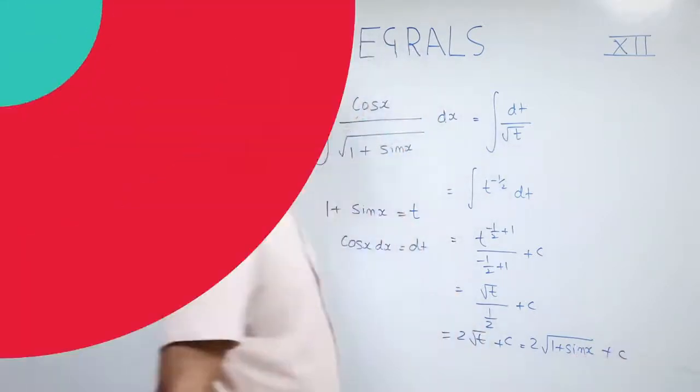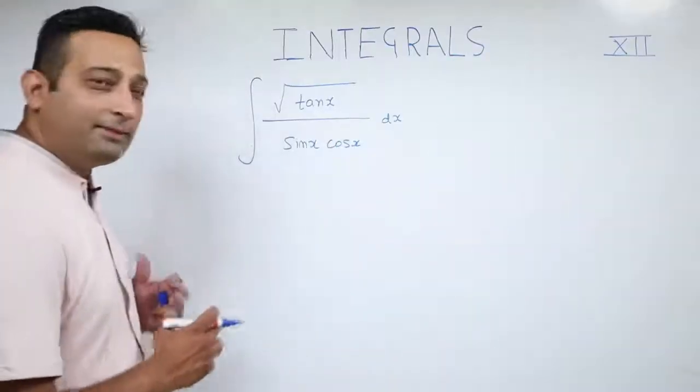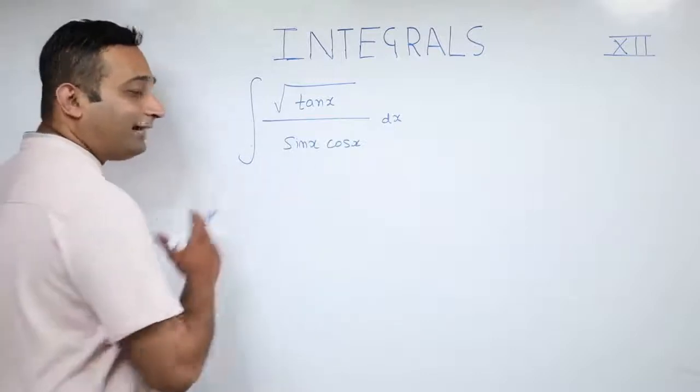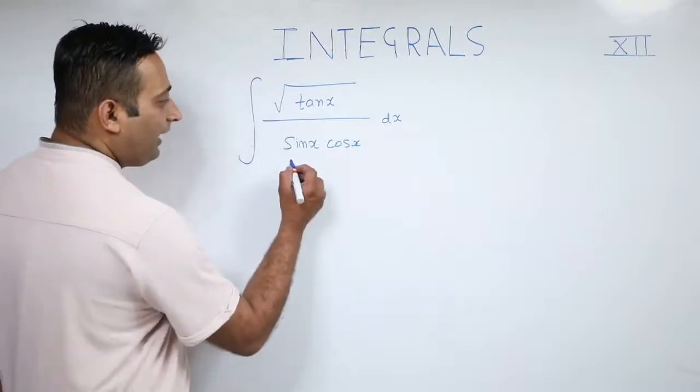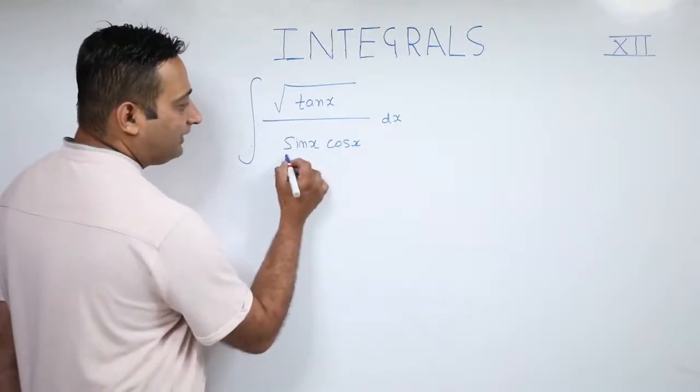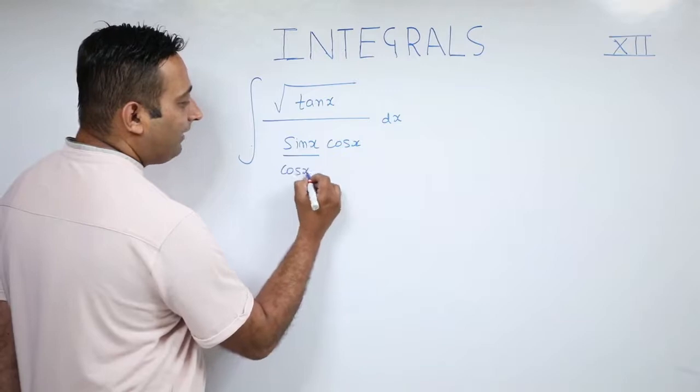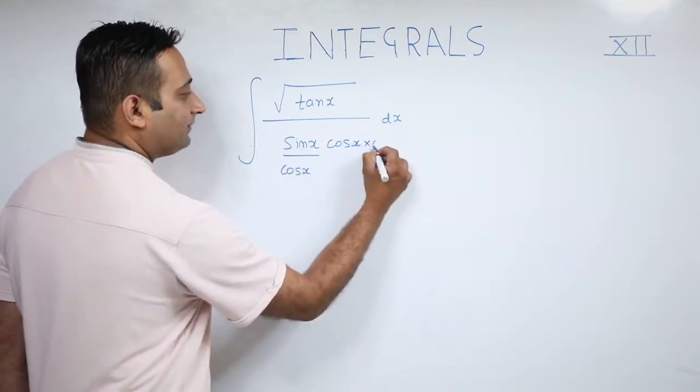In this question, there is some indirect substitution. We cannot find a direct function whose derivative is present in the question. Now we have sin x into cos x in the denominator. We will multiply and divide this denominator by cos x.